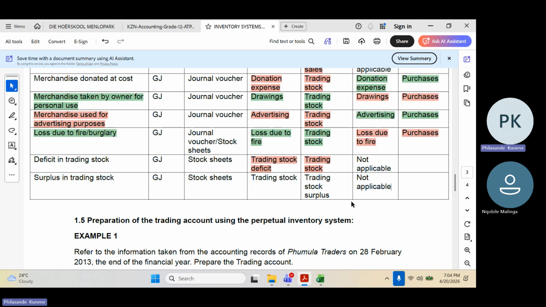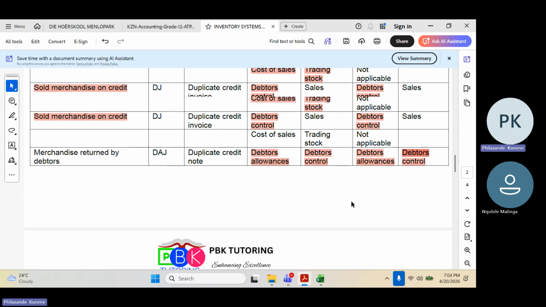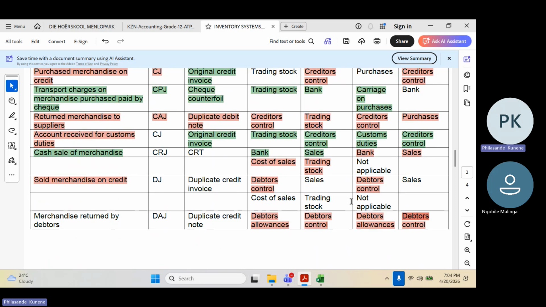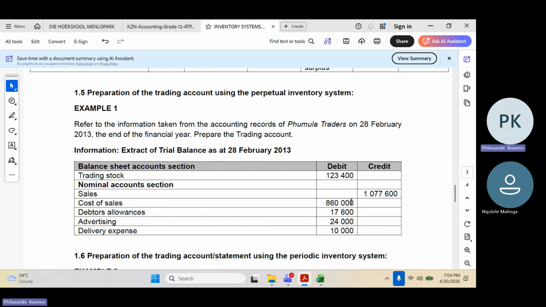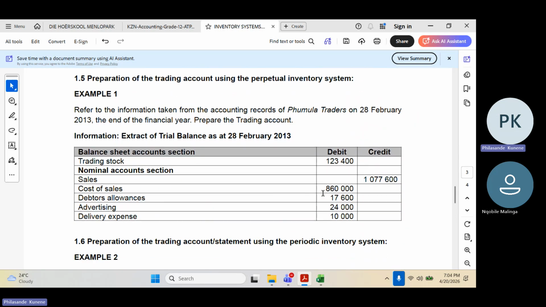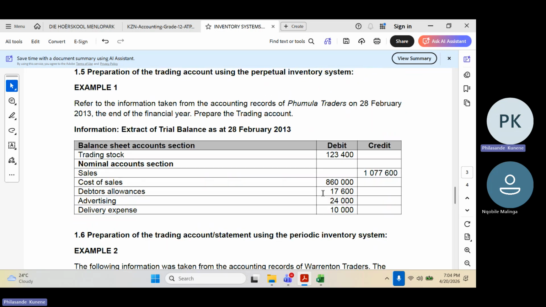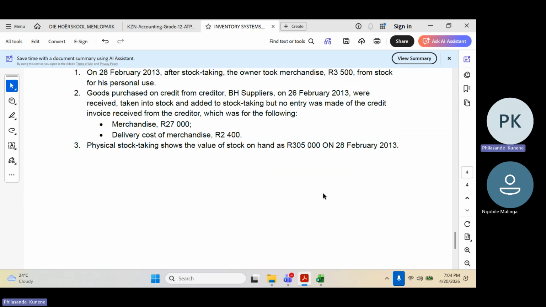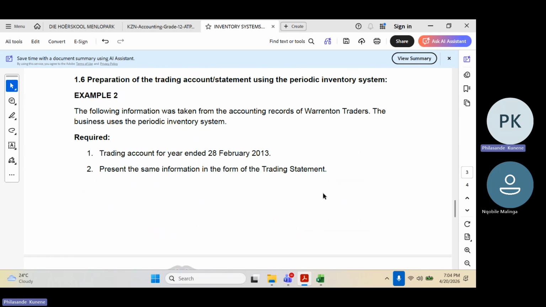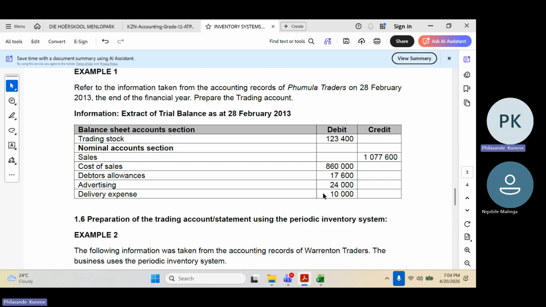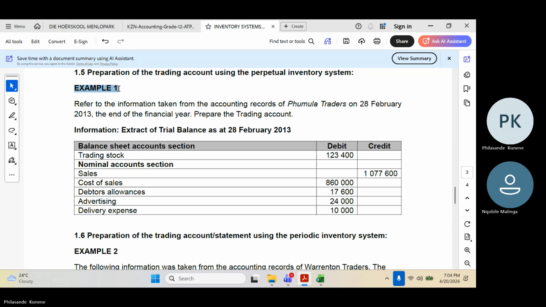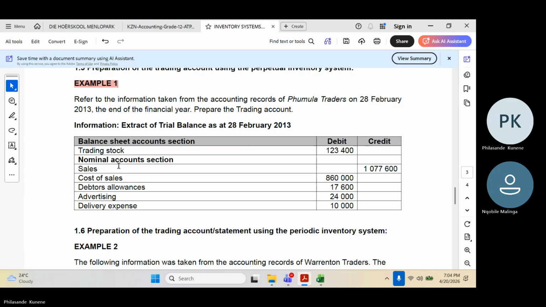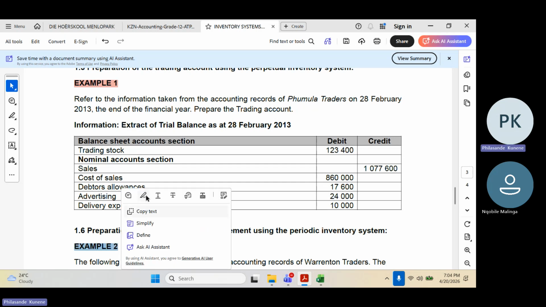So this is what is more important, what I wanted us to look at for today. And then I have two examples here. I'll send the examples to you guys to work on. And then when we meet on Wednesday, we're going to be looking at these examples, example 1 and example 2.